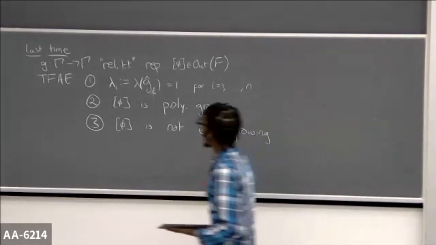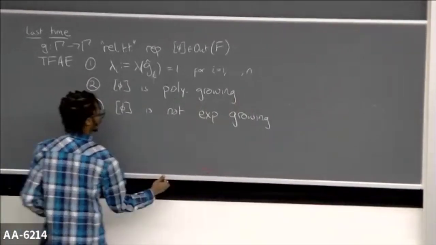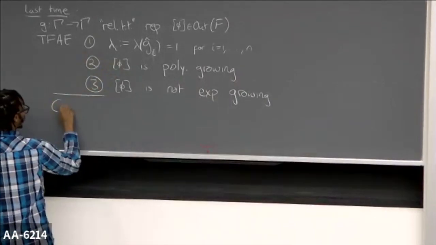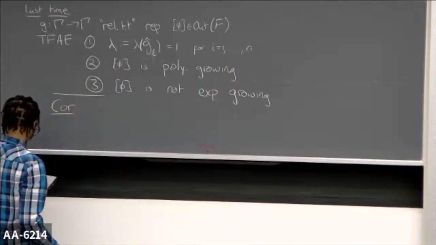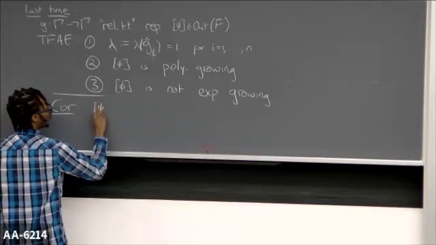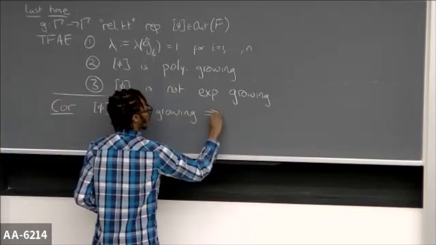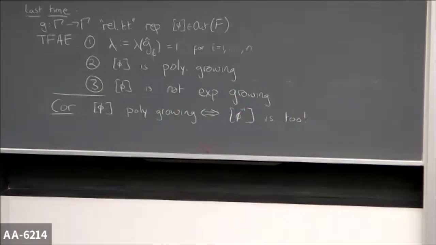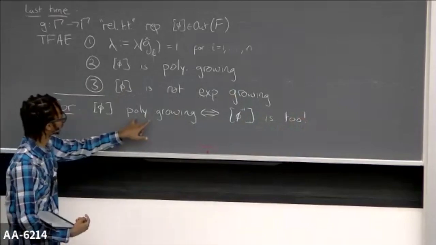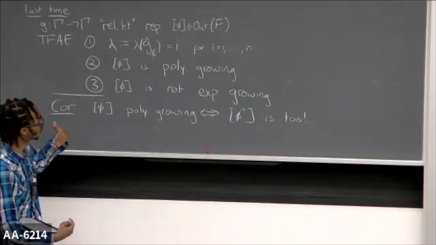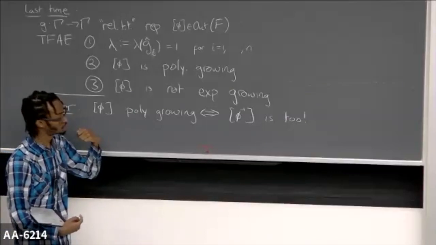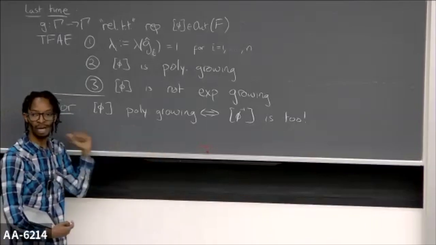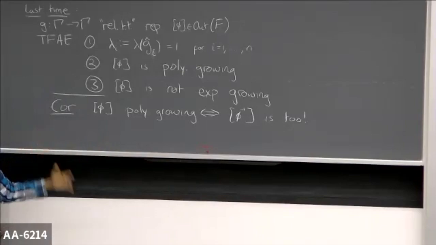I wanted to add some other conclusions you can make from this equivalence. One corollary that's also not obvious is that if phi is polynomially growing, so is the inverse. Polynomially growing was only defined by looking at lengths of conjugacy classes under forward iterations, so there's no reason why you should immediately believe that backward iteration also gives you the same growth type.